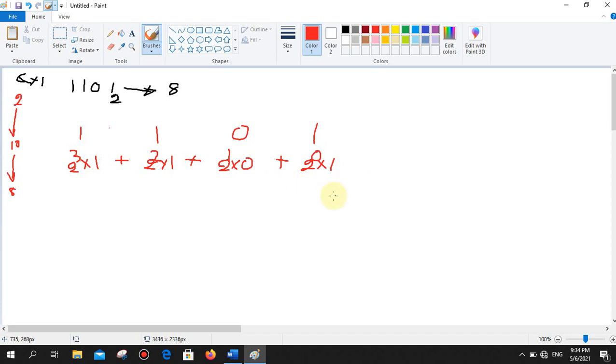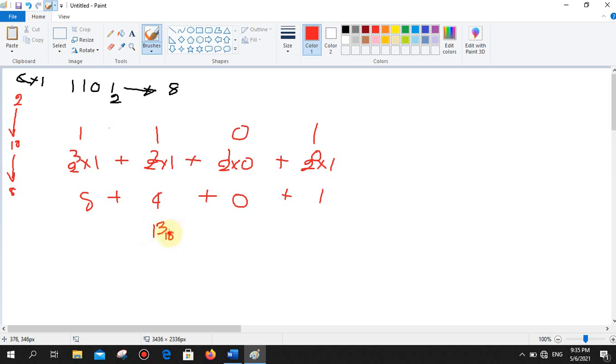So the value here is 1 plus 0, 2 to the power of 2 is 4, and 2 to the power of 3 is 8. All together, after you get the sum of all the numbers, it will be 13 in base 10.